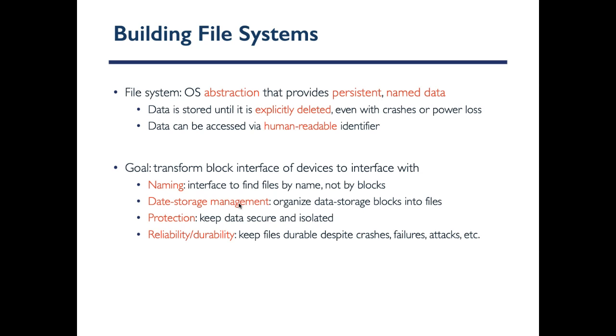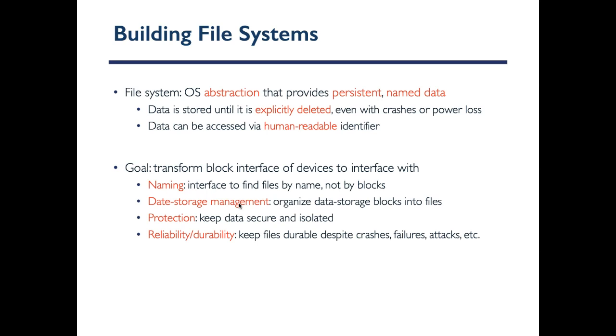Okay, so what is actually a file system? File system is another OS abstraction. What is the purpose of file system? It has 2 purposes. One, we want to provide persistent files, persistent data. So if you write to a file, we want this file to stay available until you explicitly delete it.